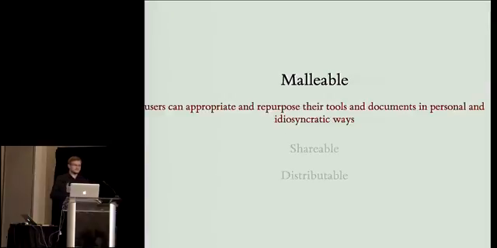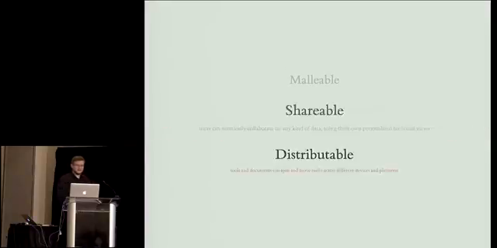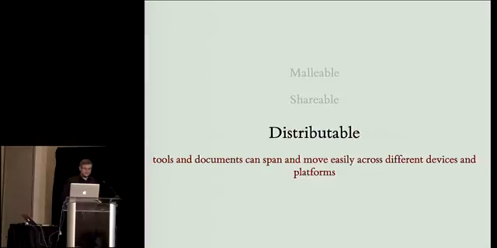Malleable software lets users appropriate and repurpose their tools and documents in personal and idiosyncratic ways. Shareable software allows users to seamlessly collaborate synchronously and asynchronously on any kind of data using their own personalized tools and views. And finally, distributable software allows tools and documents to span and move easily across different devices and platforms.